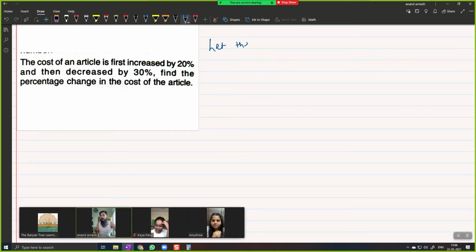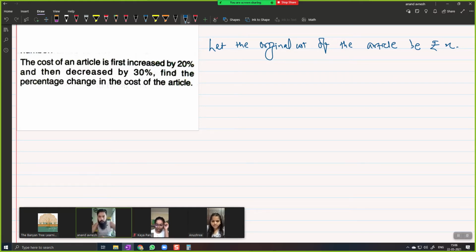Let the original cost of the article be rupees x. Yes, so the original cost of the article is x.